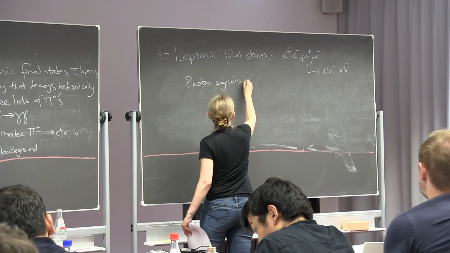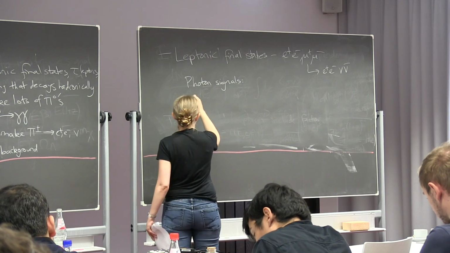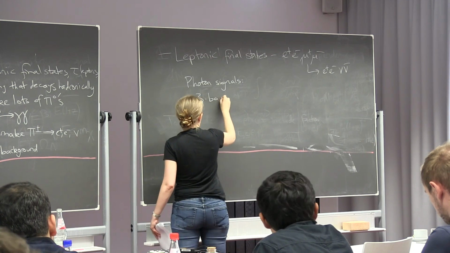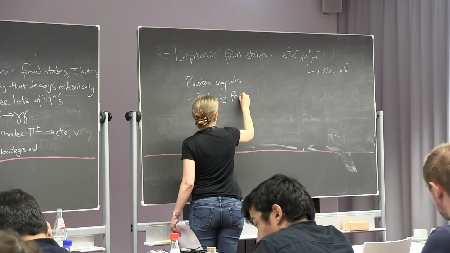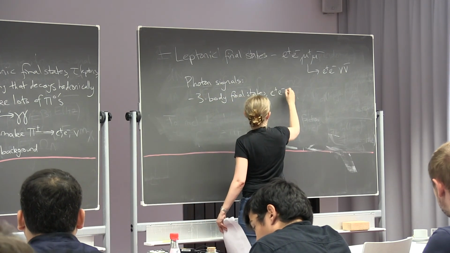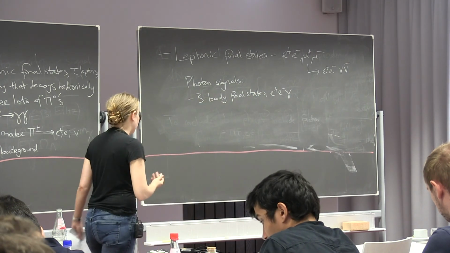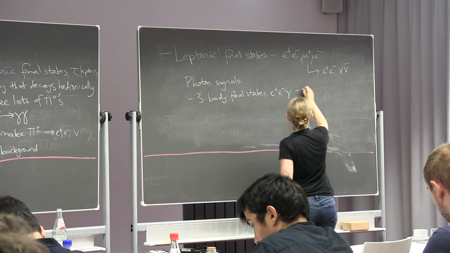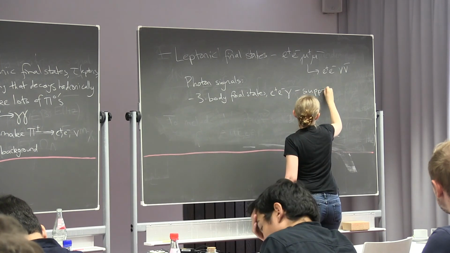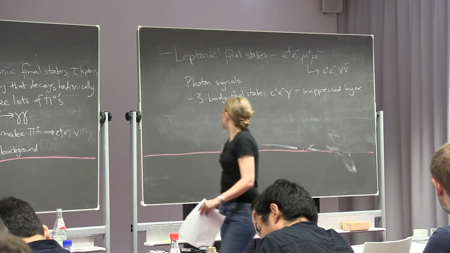Well, there are two types of photon signals in states like this. One is from three-body final states. If you have an e+ e- final state, you can always radiate a photon off the final state, but these are suppressed by alpha generally.